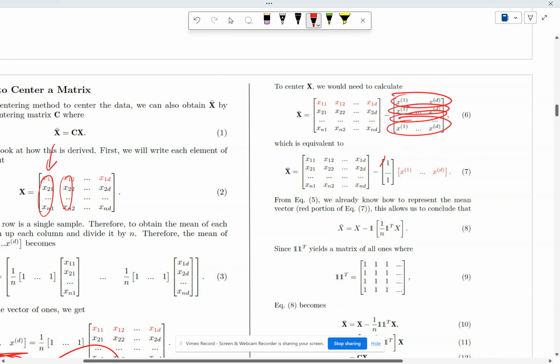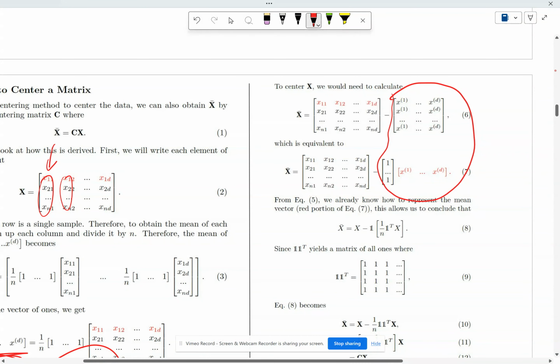So if you have a 1 vector here, right, and over here is the center. Notice how when you take the outer product, you end up just making copies of each other. Okay? So I hope you remember how to take outer product. But if you take a second and look, they are equivalent.